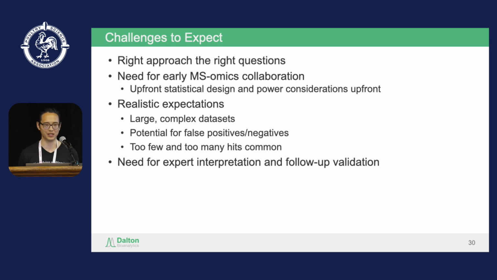So oftentimes I'll be consulting with a group and they have the samples already collected, the entire experimental design is already set up, and then I'm like, okay, this is a little underpowered, you're probably not going to see what you want. So to avoid that, you should basically keep that in mind and consult early.